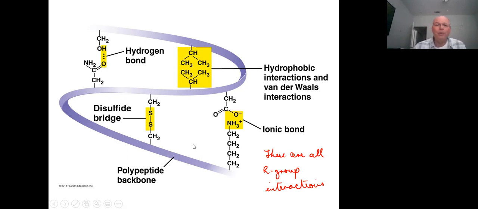Now, if at this point the folded polypeptide has very real function in and of itself, we would not only call this a polypeptide, but we would refer to it as a protein, because a protein is a structural unit or a functional unit in an organism. And so if the single folded polypeptide also takes on a specific function within a cell, it is not only a polypeptide, it is also a protein.